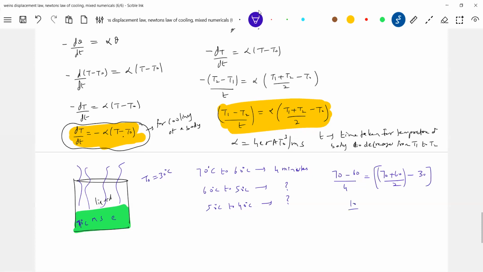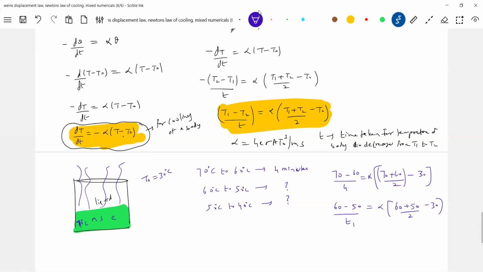So this will be 10 by 4, equal to alpha times that. Now the time taken for the temperature to go from 60 to 50, call it T1: 60 minus 50 by T1 equals alpha times (60 plus 50 by 2 minus 30). Dividing these two equations will give T1.